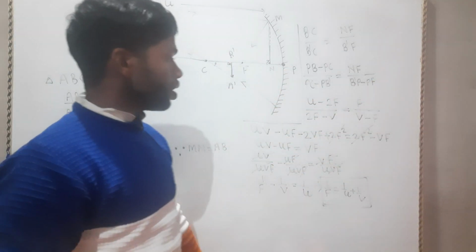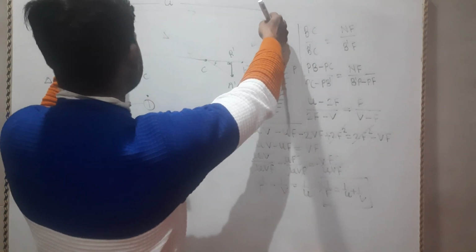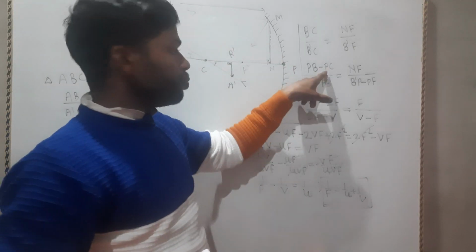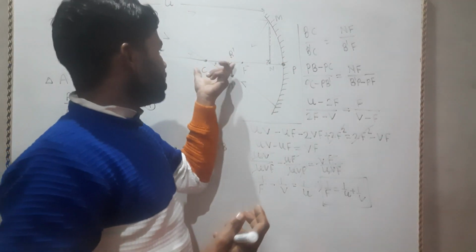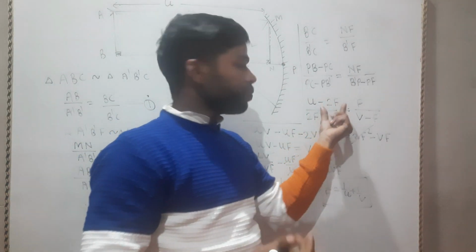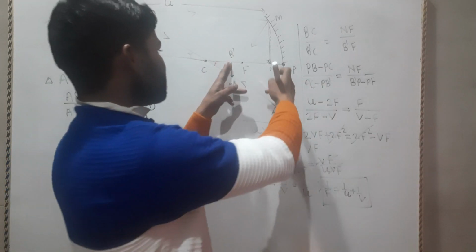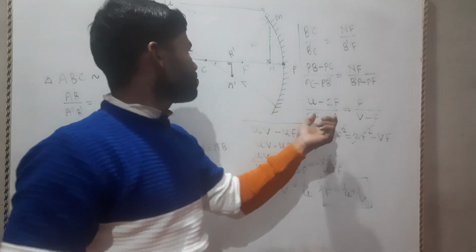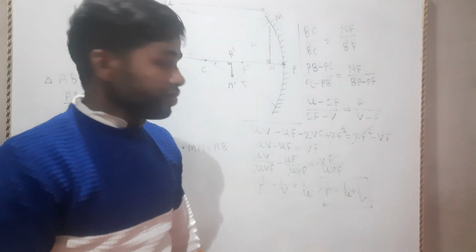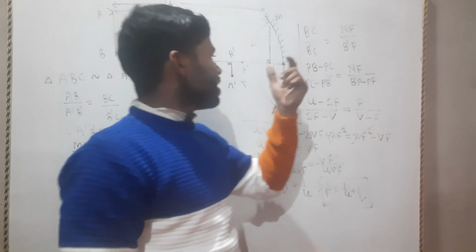PB is the distance of the object from the pole, so you can write here U, and PC is twice the focal length, so you can write 2F. PC minus PB dash, where PB dash is the distance of the image from the pole, so you will put here V. And on the right hand side you can see NF.